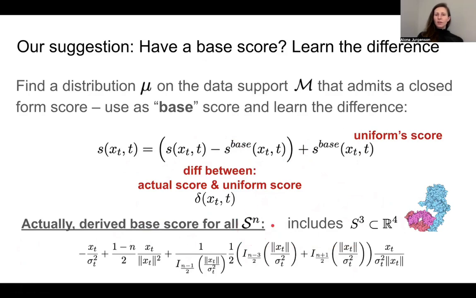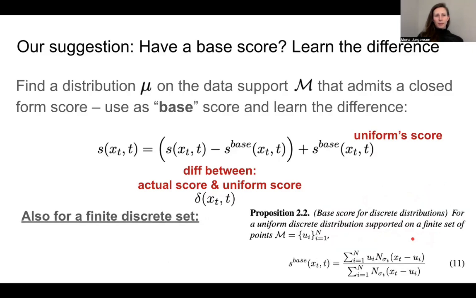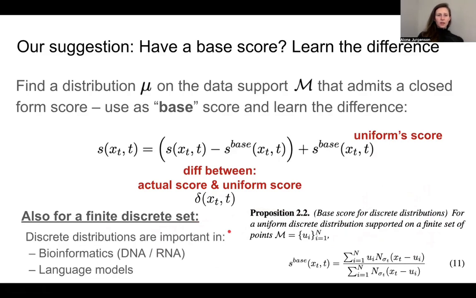So if you've got data residing on an n-sphere, we have got you covered. And this includes the three-sphere for rotation data, which we saw is really important for robotics and medicine. We also have this for the finite discrete set of points, which you might be wondering, why is that interesting? And actually, it is interesting in the context of bioinformatics and language models, where we have discrete distributions.